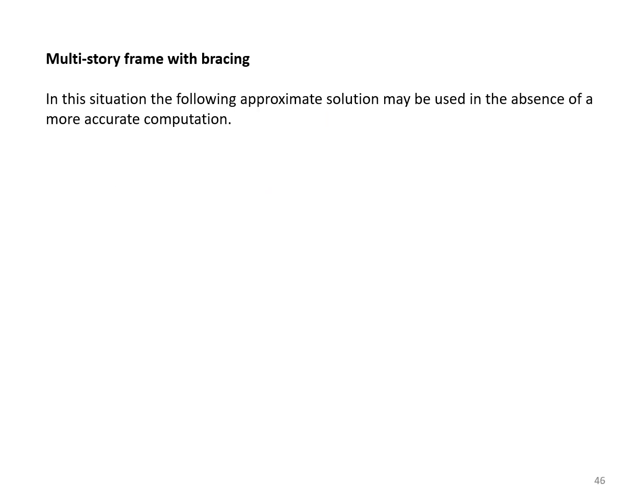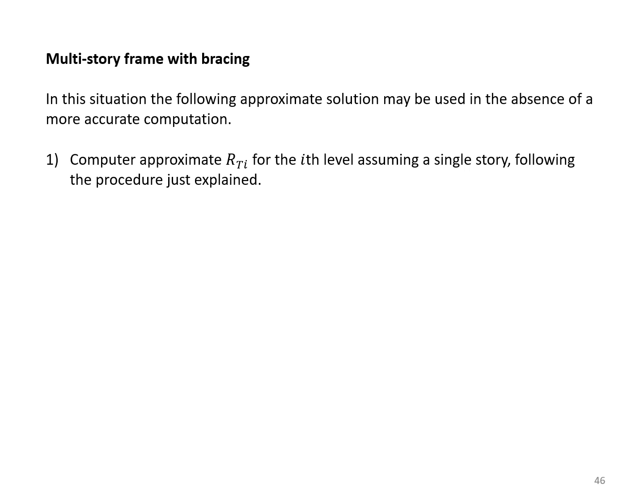Now, how about if the bracings are at different levels and we have a system which is made of several stories? So I have the following procedure for approximate calculations. Number one, compute the approximate RTi for the ith level, right? Just adding all the rigidities for each level. Then you go to the next level, do the same thing, next level, do the same thing, and so on.